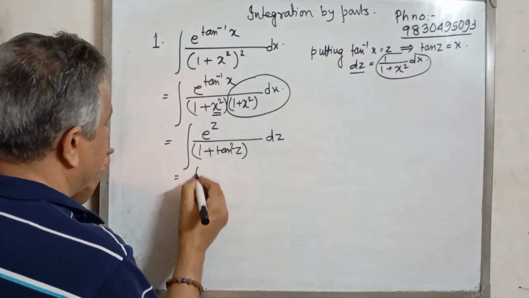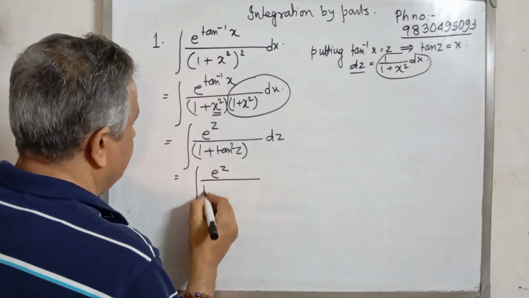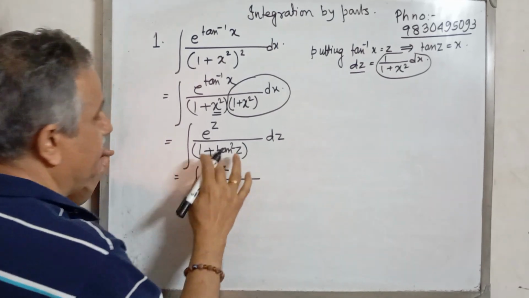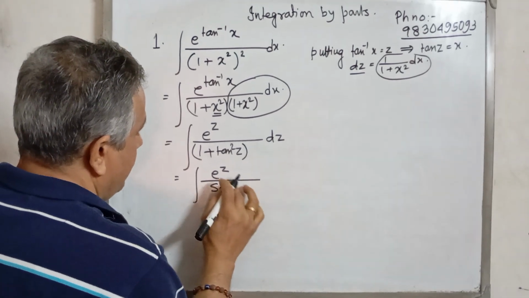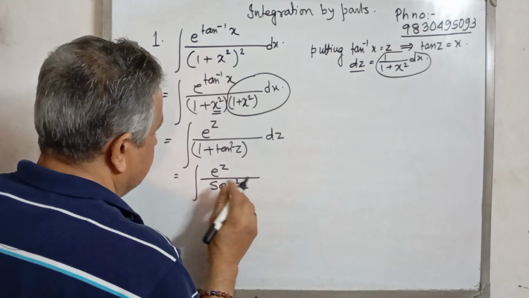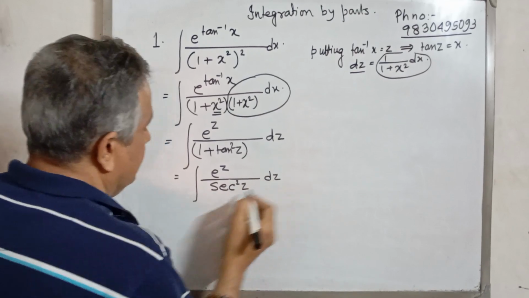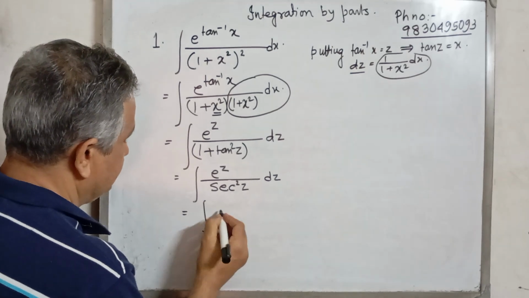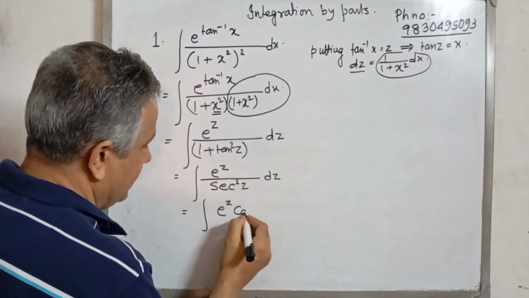So it becomes e to the power z by 1 plus tan square z, and 1 plus tan square z is sec square z, dz. Now 1 by sec square z is cos square z.